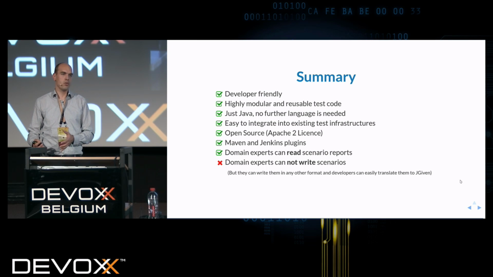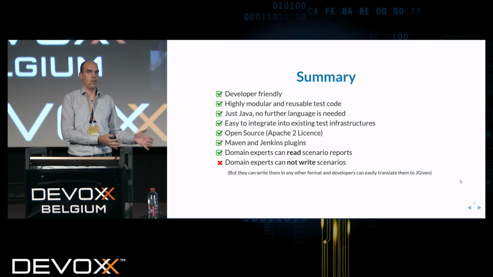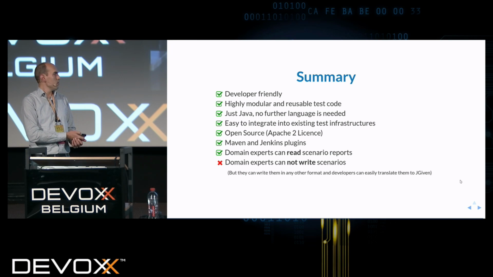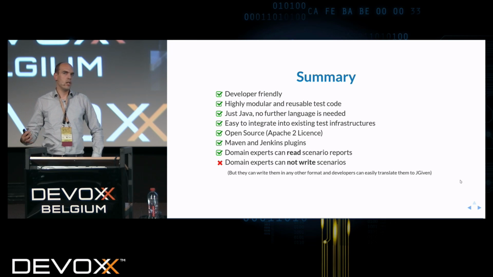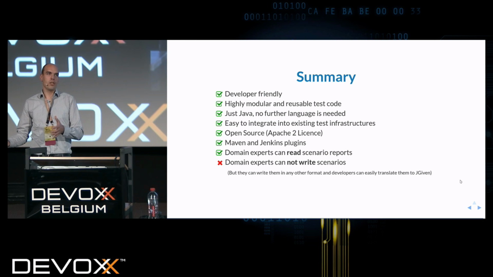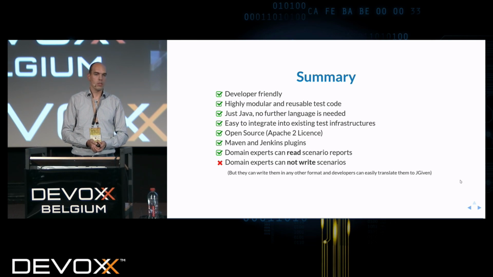And in this case, you shouldn't use a framework which has an additional overhead. Instead, you should use the developer-friendly tool. And in fact, a domain expert can write the scenarios in any tool that the domain expert wants. You can write it in Word, in Jira, it doesn't matter. In the end, the developer can just translate the scenario into Java code in a very fast way. So in the end, it's not really a big issue, in my opinion.